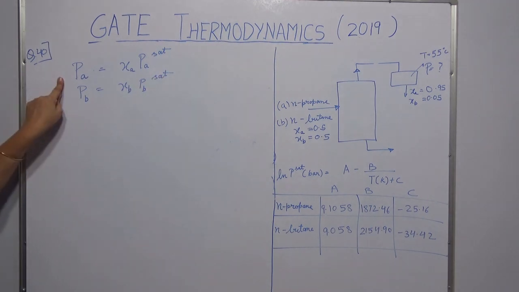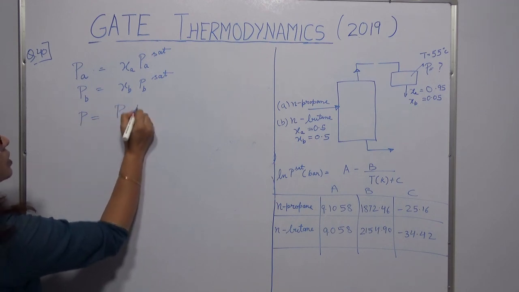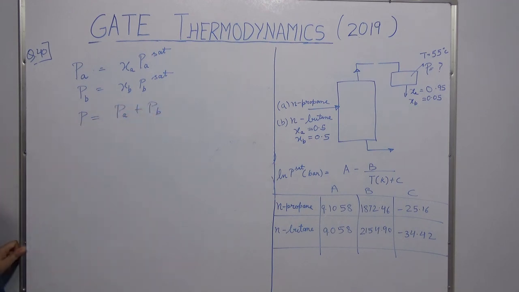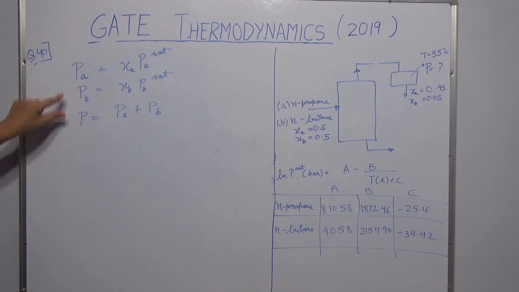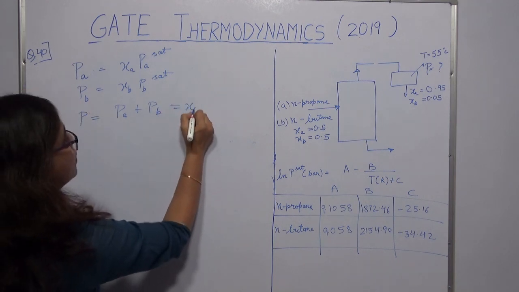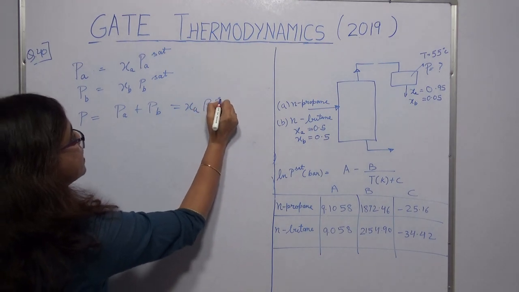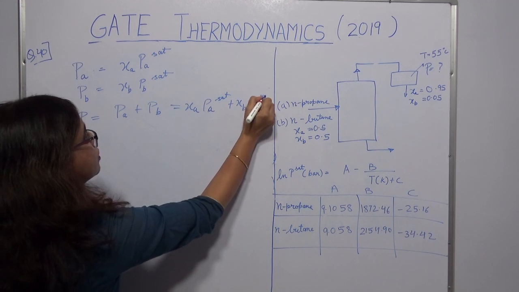Now from Dalton's law, you know that your total pressure is equal to the sum of partial pressures. So what you have to do is first calculate your partial pressures of n-propane and n-butane, and then just add them. If I add them, this is equal to XA PA saturation plus XB PB saturation.